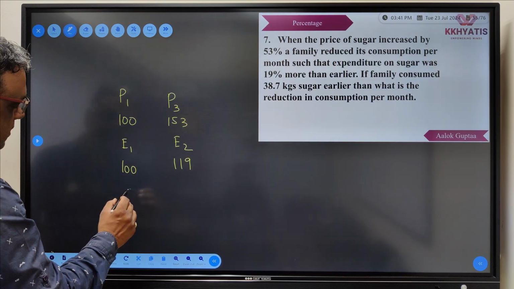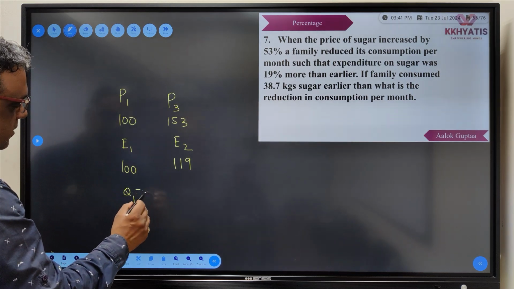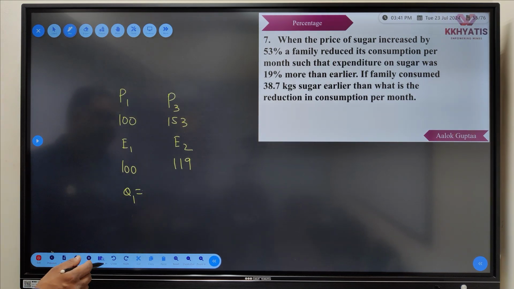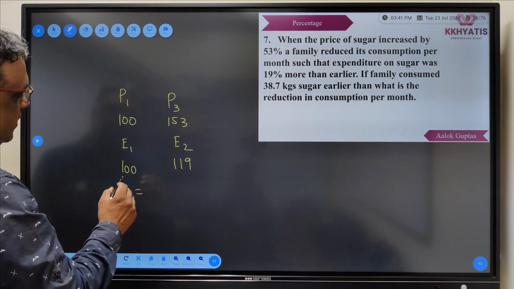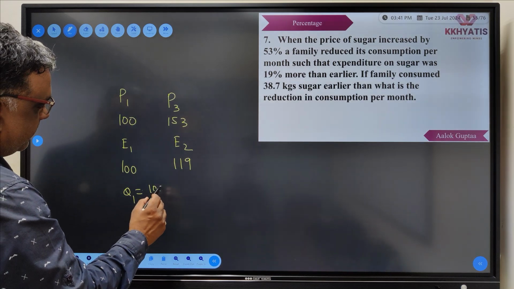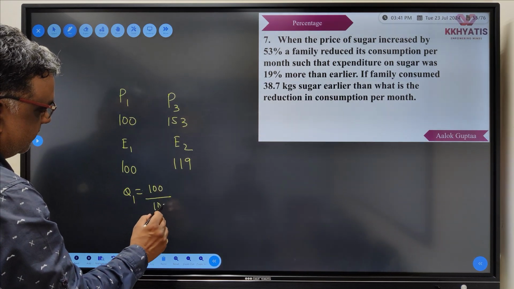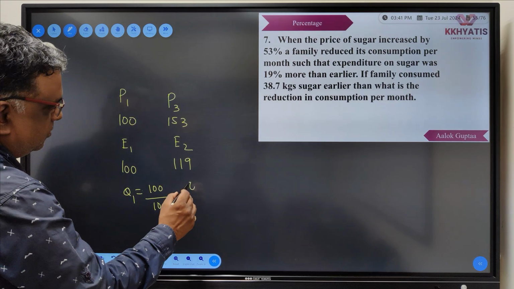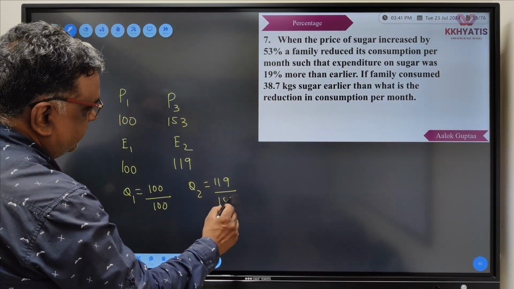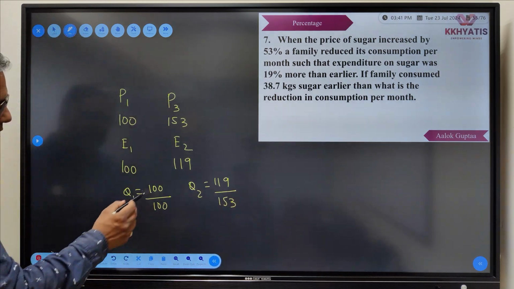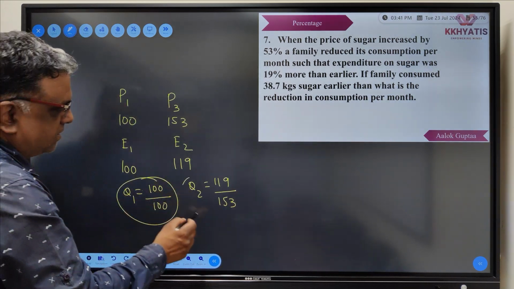So what is the quantity consumed? Consumption is basically nothing but expenditure upon price. So earlier my expenditure was 100 and price was 100. And what is Q2? 119 upon 153. So earlier my consumption was this and now my consumption is this.